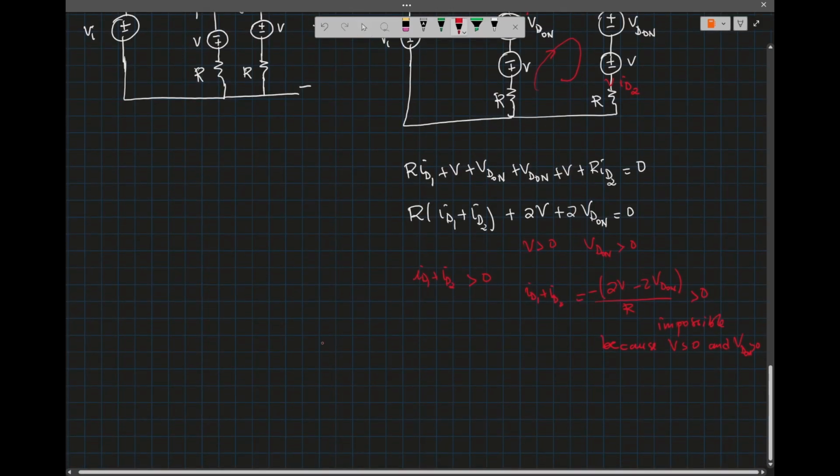So that means both diodes cannot be on at the same time under these conditions, given that V is positive and VD on is also positive.